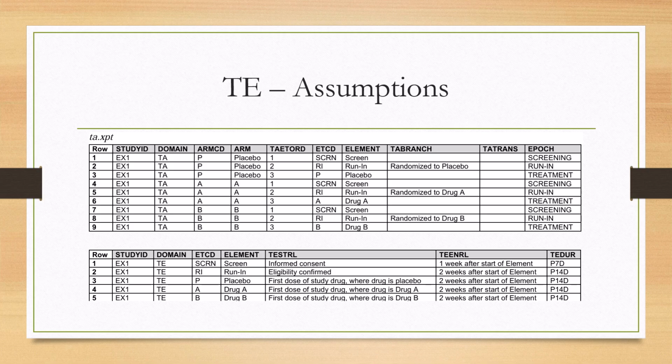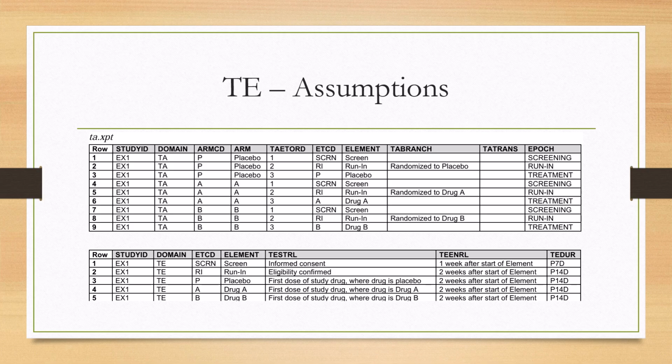Here, if you go to the trial element of this, the unique elements for this study are screening, run-in, placebo, drug A, and drug B. If you look at the treatment element start rule, these rules are defined so that they are independent of arm and epoch.